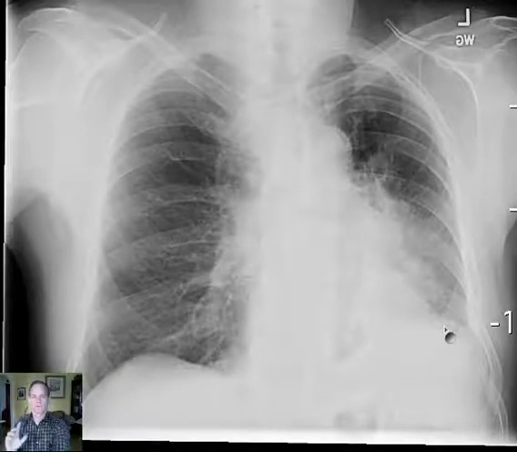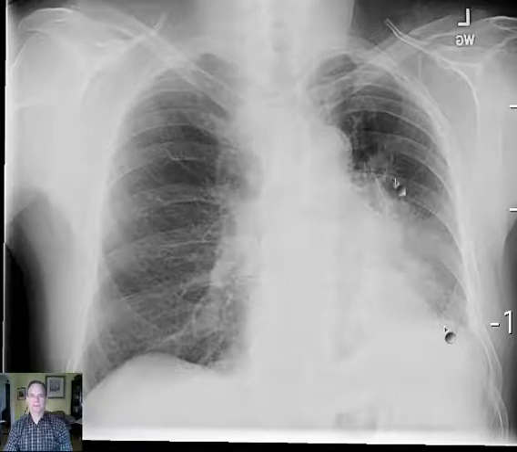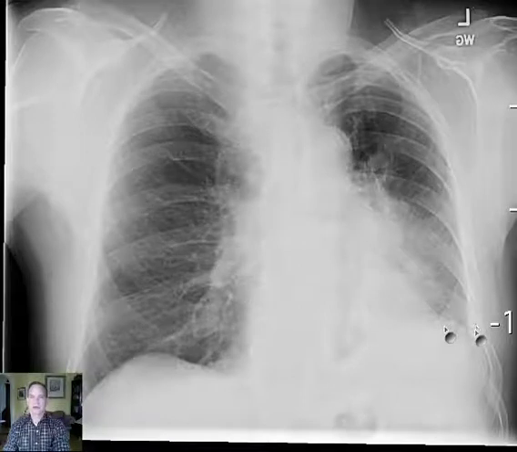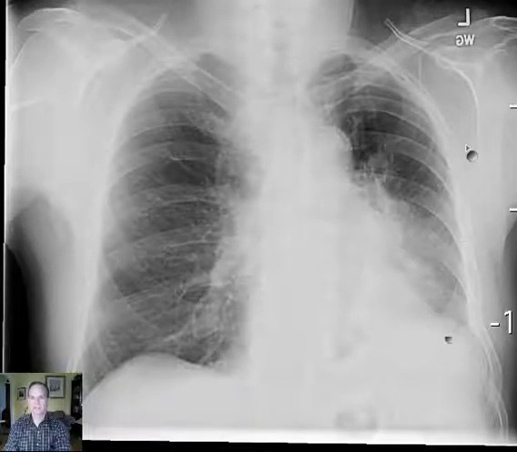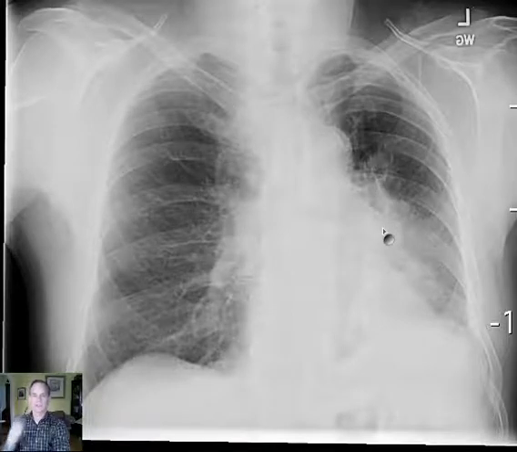Okay, so areas of increased opacity in the left hilar region extending down to the left lower lobe. Elevation of the left hemidiaphragm with partial silhouetting. Mediastinal shift to the left, consistent with some element of volume loss in the left lung.